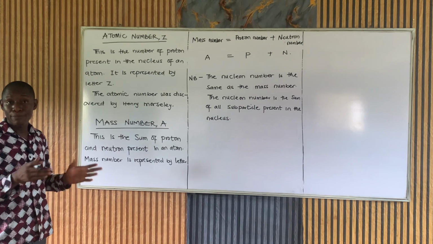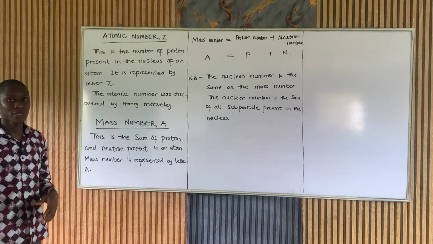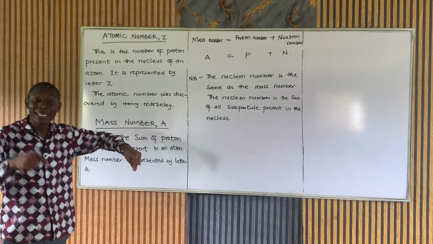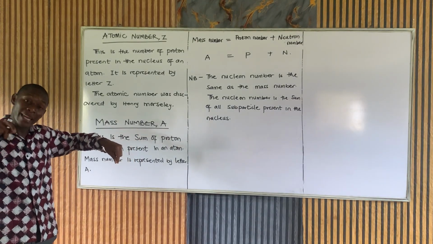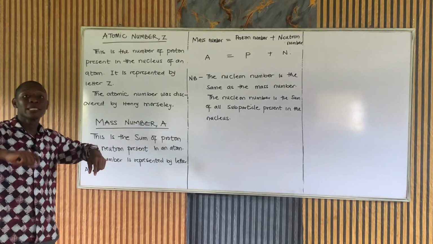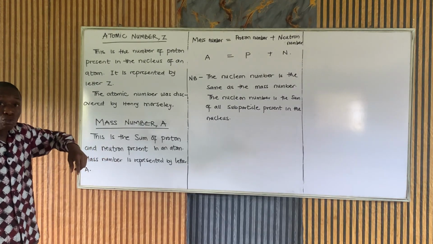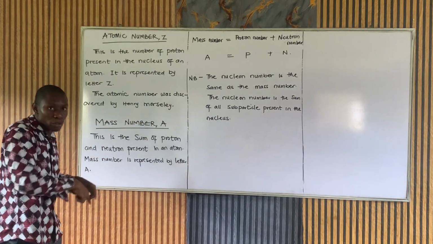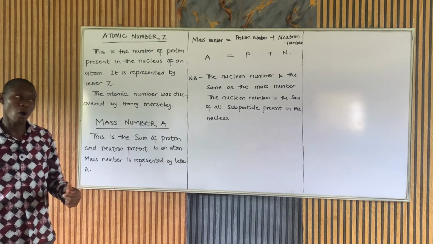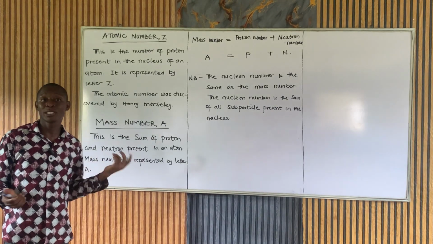And if it has 20 protons, the atomic number is 20. So the number of protons you will see in any atom is the atomic number of that element or of that atom. And the atomic number should also tell you the number of protons. Obviously, if an element has an atomic number of 20, it must have 20 protons.